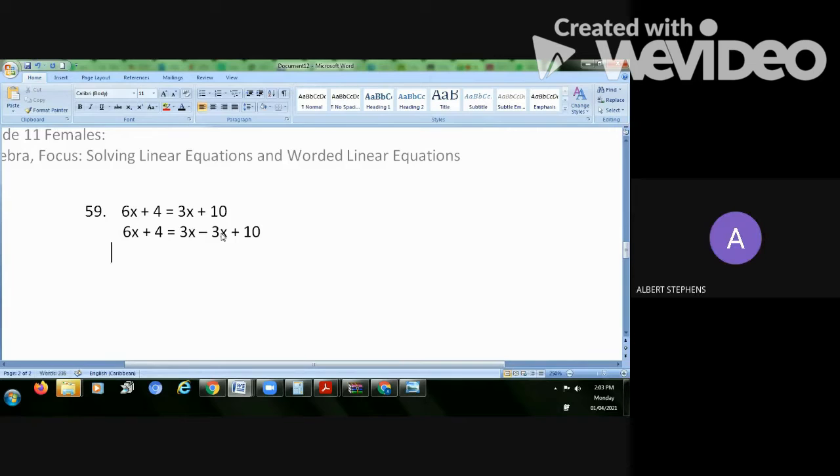But you're not supposed to have 6x minus 3x. No, hold on. If you subtract 3x on the right hand side, you have to subtract it on the left hand side. When you subtract 3x on the right hand side, you have to do the same thing on the left hand side. That is why you get 3x, because 3x from 6x gives you 3x.